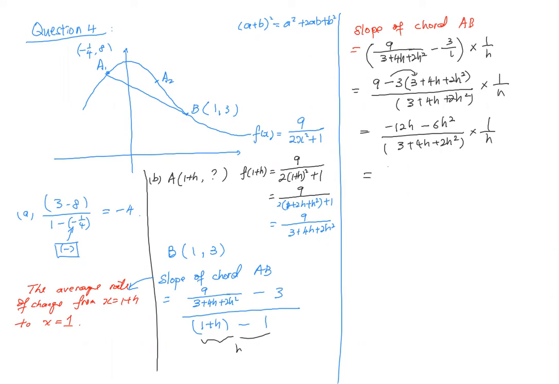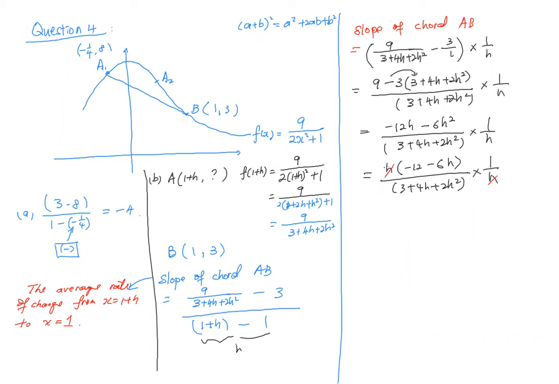You want to factorize out negative 6h or h, up to you. If you want to factorize out h, you just factorize out h, divided by. Okay, h cannot be 0, correct? So you can cancel off the h.